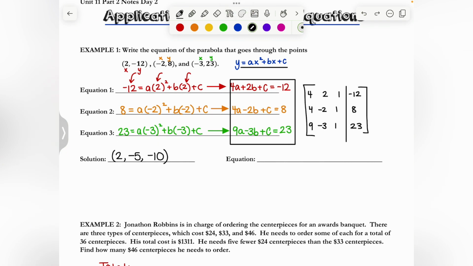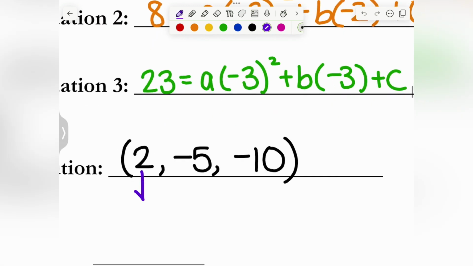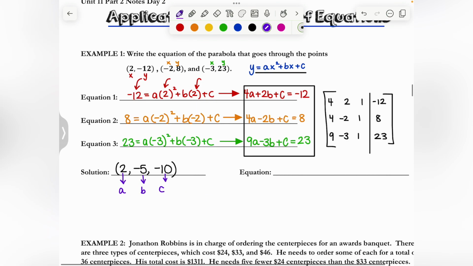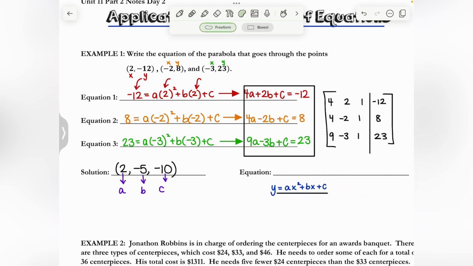Now, this is not the answer to the problem. It wants us to write the equation. What this actually means is that my A value is 2, my B value is -5, and my C value is -10. So I'm going to write out the equation in this formula.